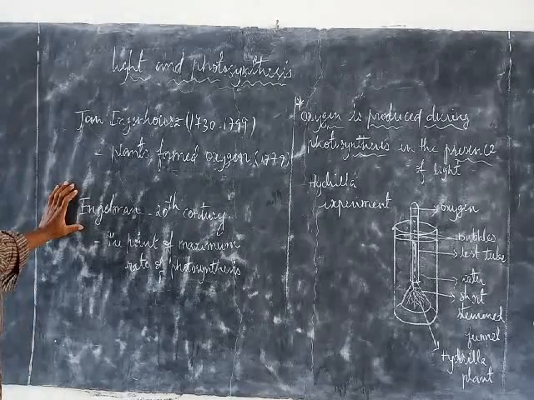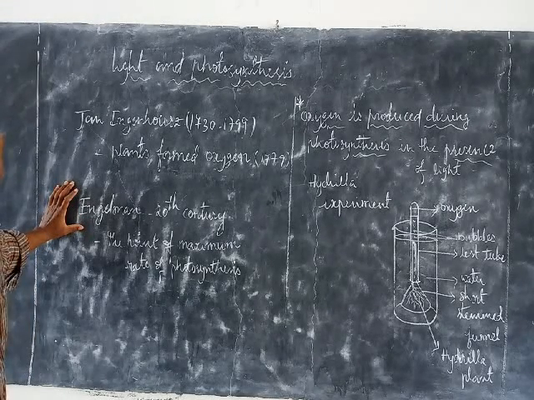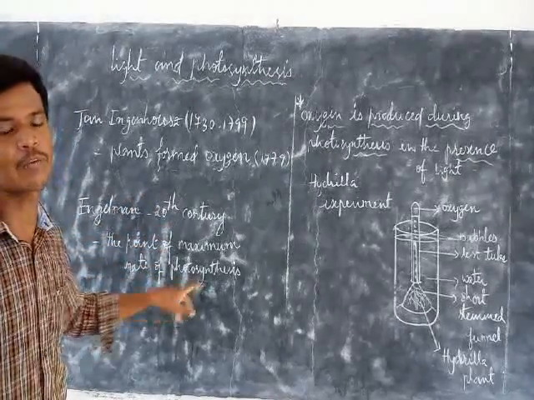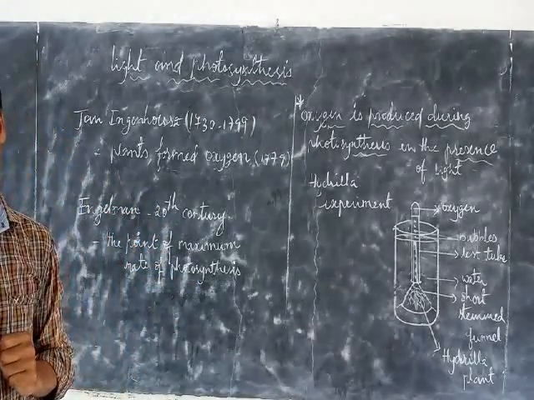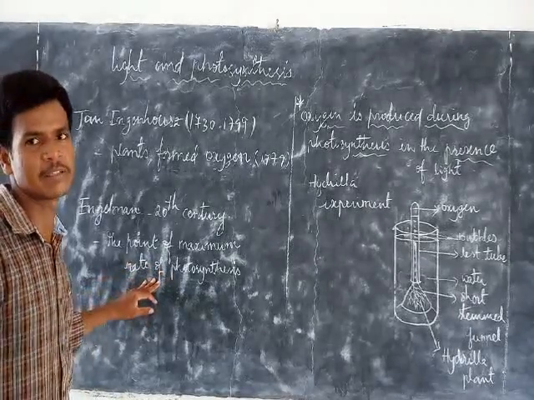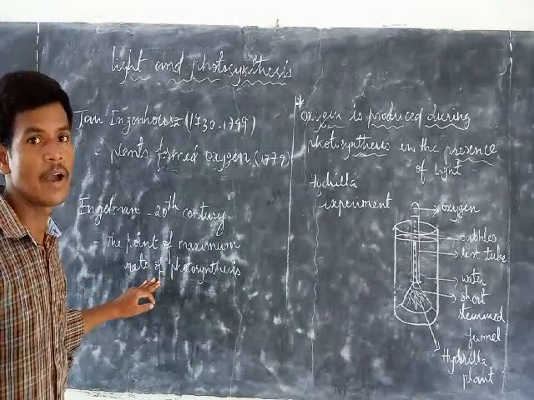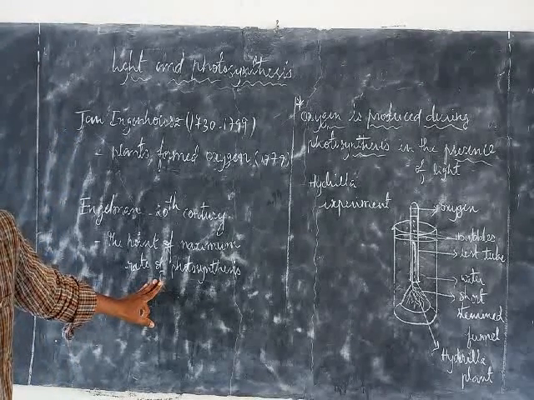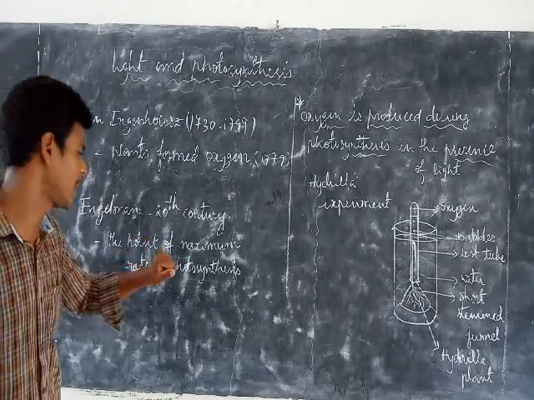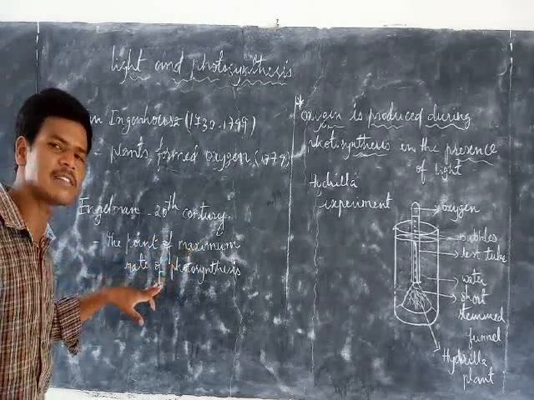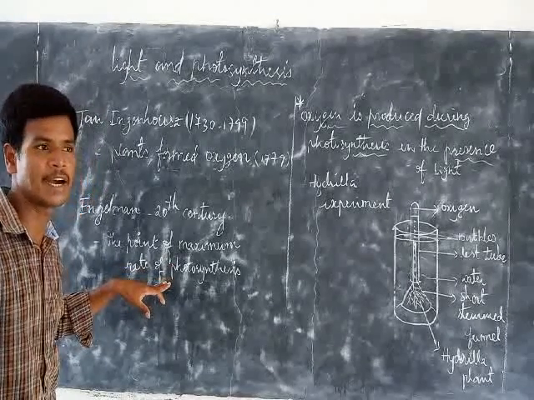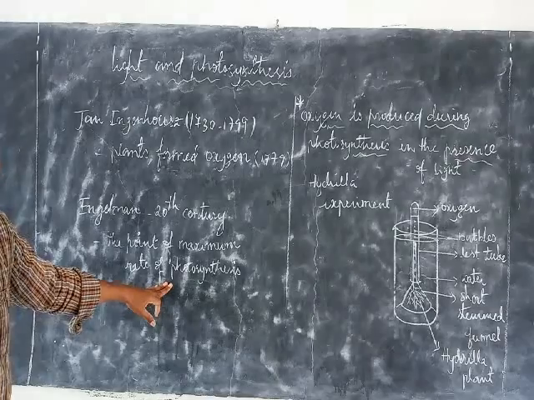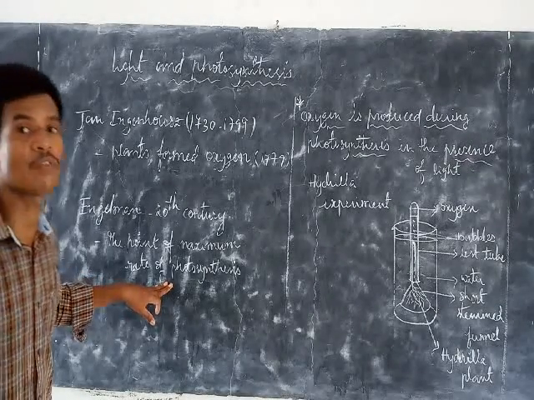He noticed the point of maximum rate of photosynthesis by conducting an experiment. For his experimentation, he used oxygen sensitive bacteria. During the process of photosynthesis, plants receive different colors of light.